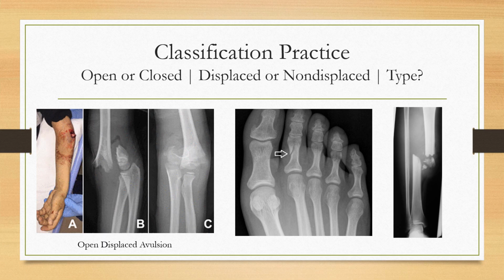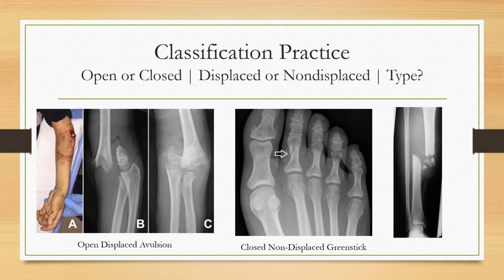Okay. The third one is open or closed, I can't tell from this image if it's gone through the skin. If it's gone through the skin, it'll be an open fracture. If it hasn't, it'll be a closed fracture. Is it displaced? Yes, it's displaced for sure. Okay, that tibia should be right together.